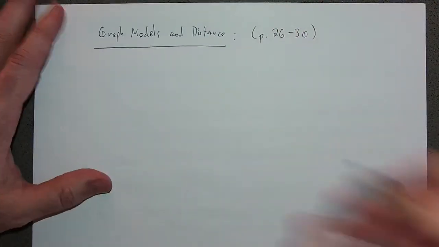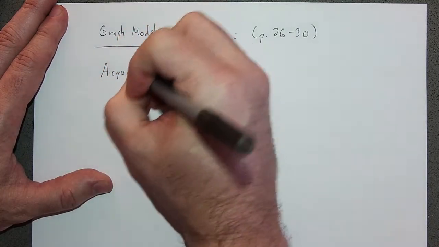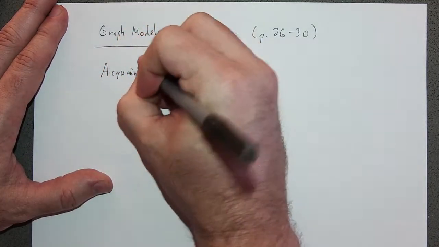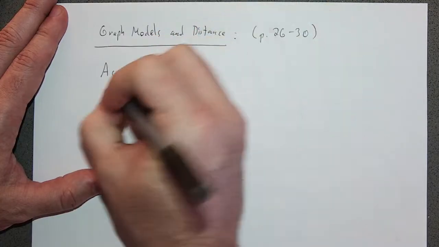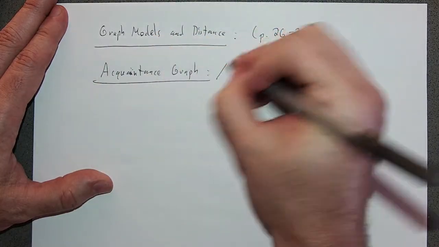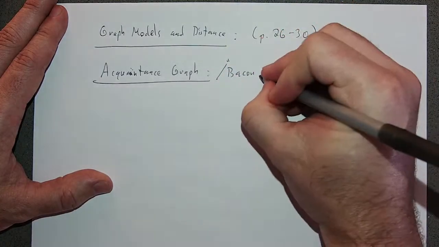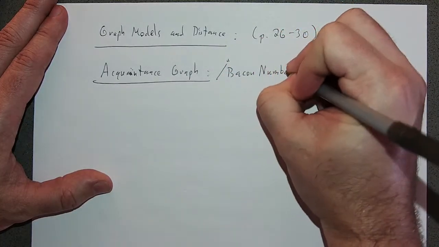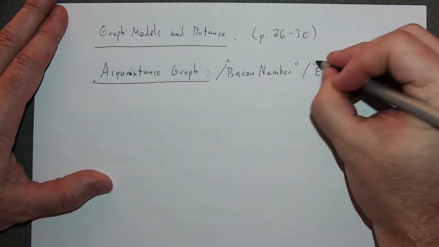What I'm going to talk about, though, is the acquaintance graph, which relates to the notion of a Bacon number or an Erdős number.